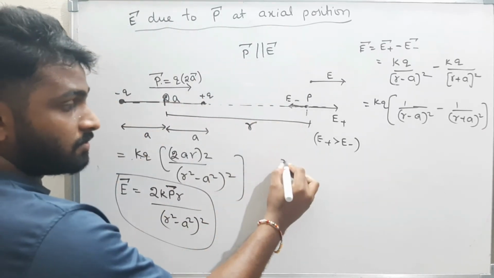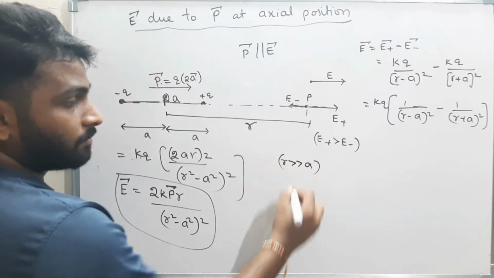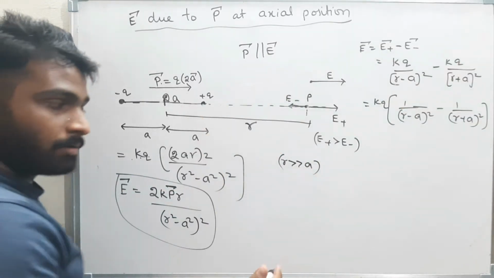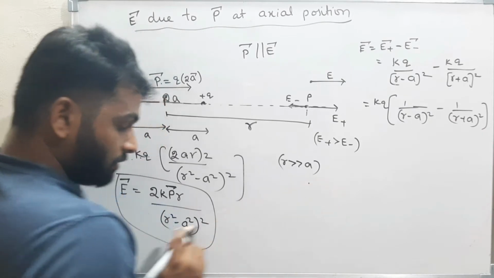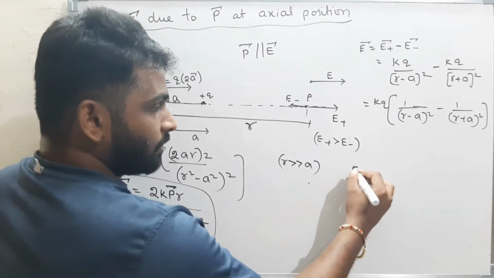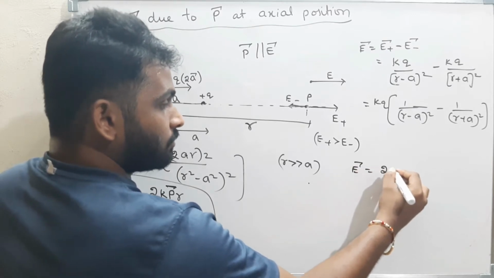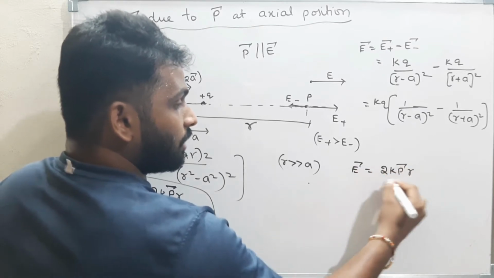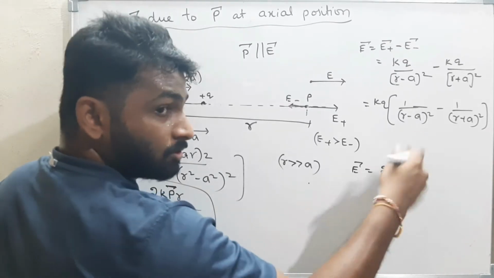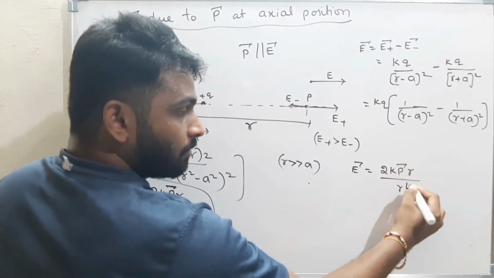If by chance this R is very large compared to A, that means the point is very far from the dipole, then what can I do? This R square minus A square I can write simply as R square. Therefore E bar is equal to 2k P bar into R by R square whole square, which is R power 4.